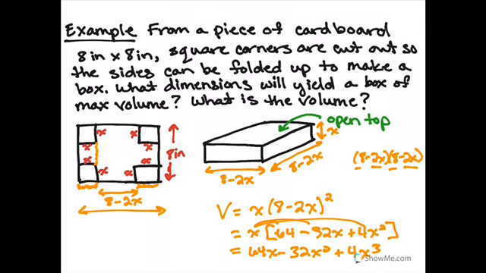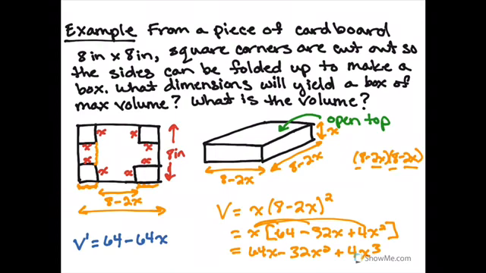We want to take the derivative of the volume formula. So when we do this, it's just going to be power rule. We're going to get V prime equals derivative of 64x is 64. Derivative of negative 32x squared, 2 comes out front. We're going to get minus 64x.